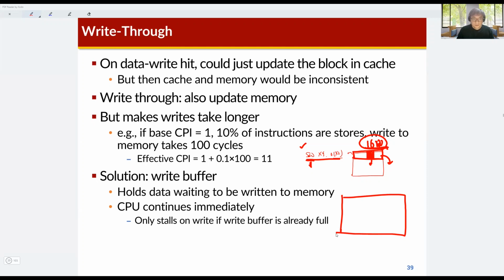Cache is the temporary storage space. So actually, when this store instruction is executed, we assume that the data is stored, updated in the main memory, right? So in chapter 2, we learned that when an instruction is executed, the data in the register file or main memory are updated.